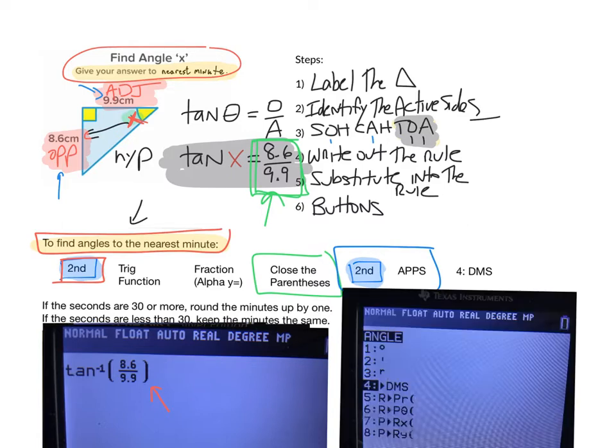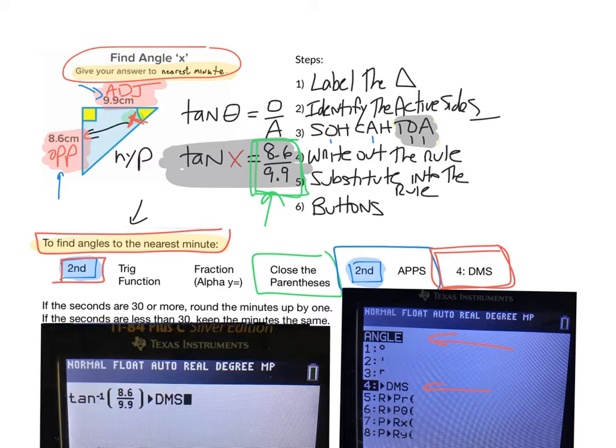When you press second apps, you bring up the angle menu, and we want to choose option 4, which is DMS, which stands for degrees, minutes, and seconds. Your calculator should now look like this. And then when you press enter, this is what should appear.